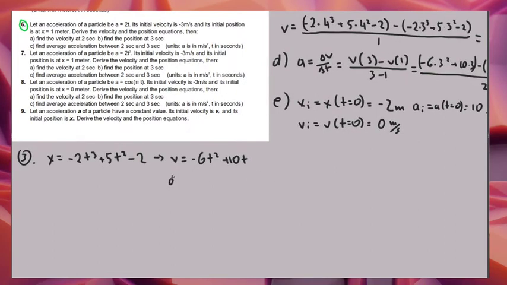So the derivative of v with respect to time, which is of course acceleration, becomes minus 12t plus 10. Then I set it equal to 0. That gives me minus 12t equals minus 10, which means t is 10 over 12, or 5 over 6, but let's just keep 10 over 12.